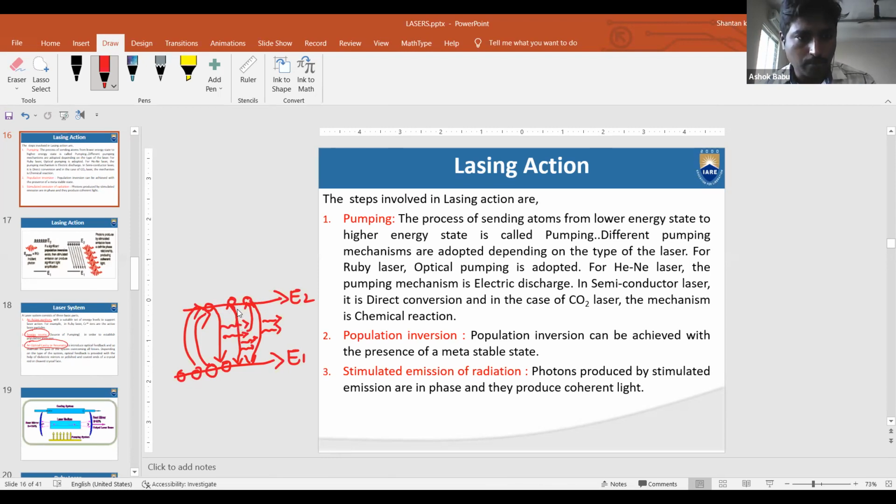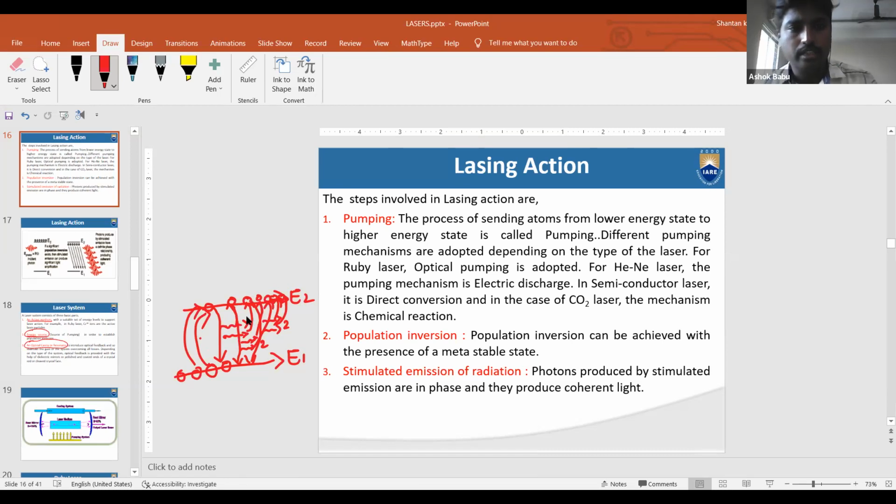So 2 photons are supplied to 2 atoms and absorbed by them, and they de-excite to the ground state, emitting 2 photons. Means 1 is converting into 2, and 2 into 4. Again these 4 photons are supplied to 4 more atoms in the excited state, which absorb that energy and de-excite to the ground state energy level. Means 4 is converting into 8.